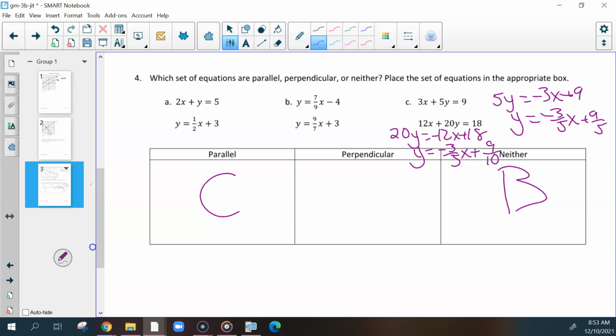They both have the same slope, which would then lead A to be perpendicular. And you could check that by solving this one.